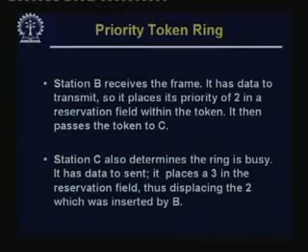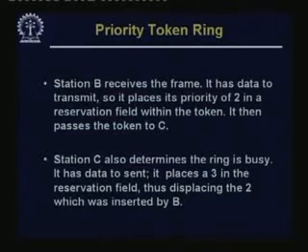So station B receives the frame and has data to transmit, but it cannot transmit at the moment because the ring is busy. But it places its priority of 2 in a reservation field within the token. So it puts 2 in that reservation field and sends the token and the frame sent by A along to C.